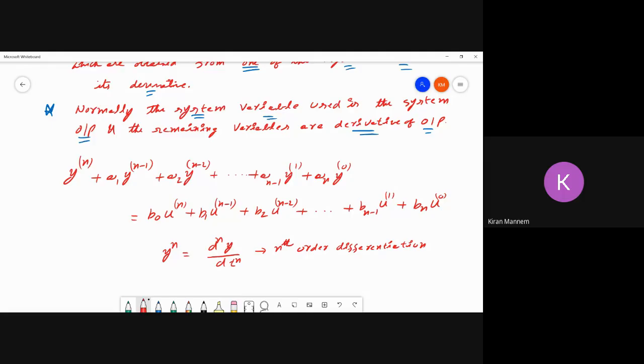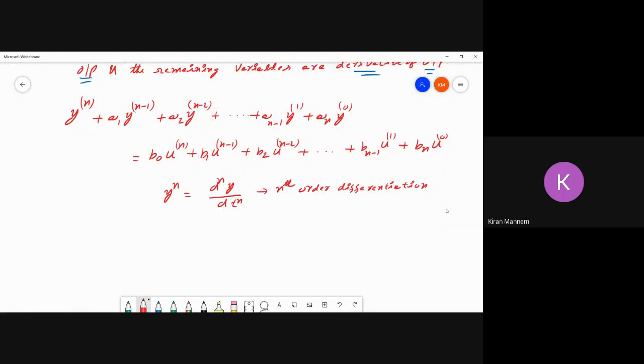For a linear time invariant system, the change does not depend on the initial value. So we can find the transfer function. What is the transfer function?